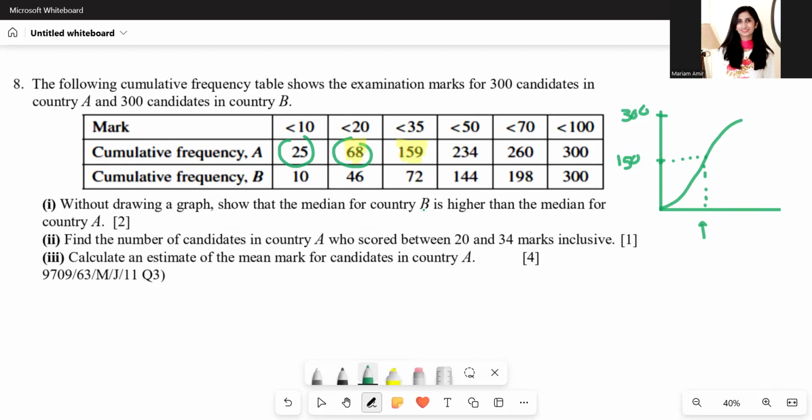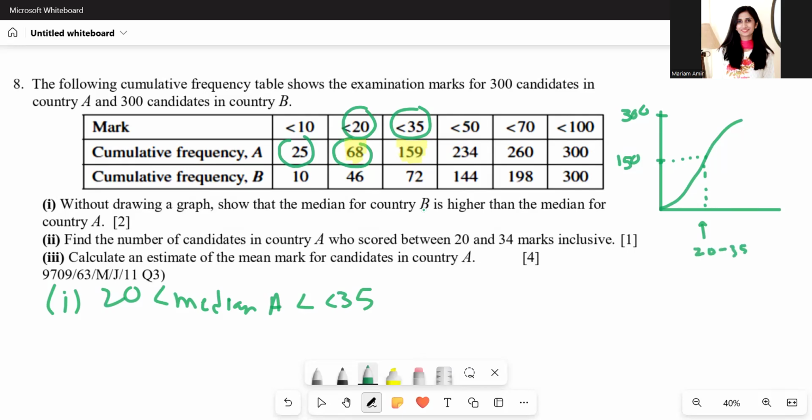So that will be between this range. So the median marks for A would be somewhere between 20 to 35. I'm going to write median A is something between 20 to 35.